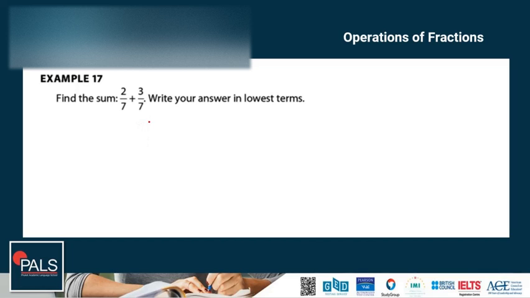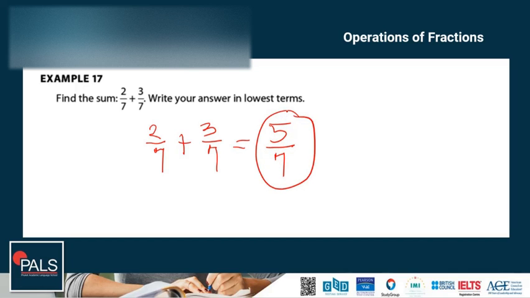So 2 over 7 plus 3 over 7 is equal to 5 over 7. Again, when the denominators are the same, you just need to add or subtract the numerators. So the answer is 5 over 7.